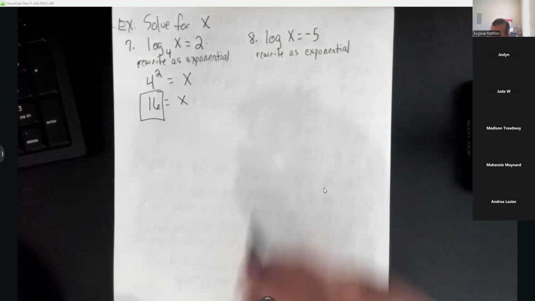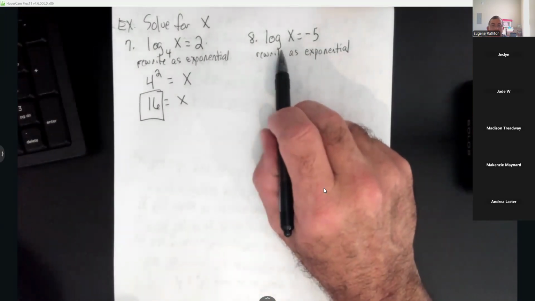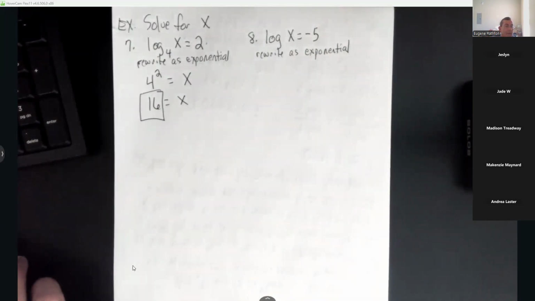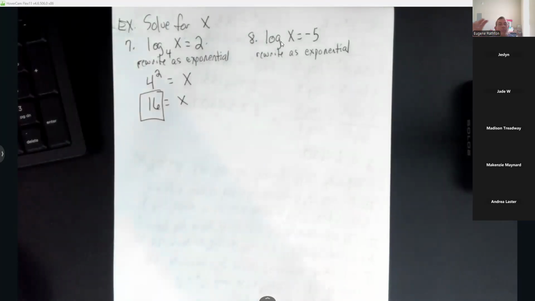All right, so let me ask y'all this. This log does not have a base written by it. There's no subscript for a base on this one.